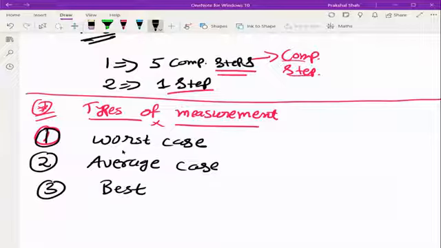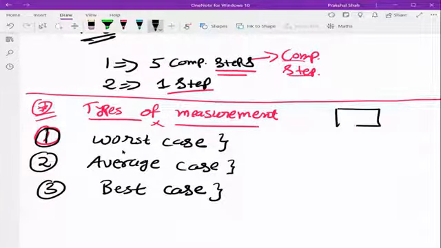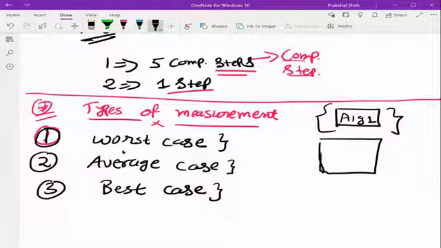What the worst, average and best case are, I will tell you in a while. For a layman's concept, suppose I have an algorithm 1: in the worst case, how will it perform, in the average case, how will it perform, and in the best case. We will evaluate that on mathematical principles, not just experimentally. We will not run this algorithm on any machine; we will calculate on paper how performant it is, so that we can compare every algorithm.